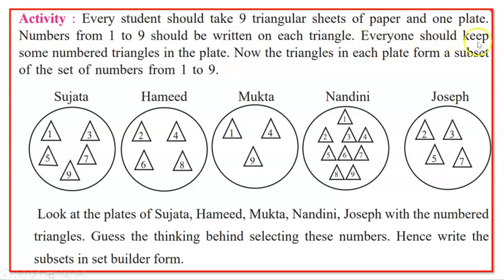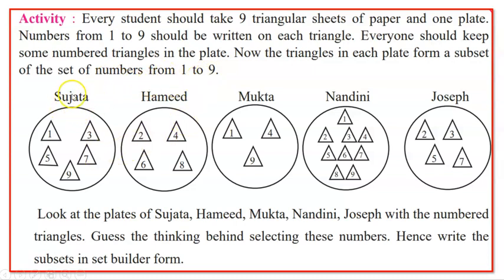Everyone should keep some numbered triangles in the plate. आणि त्या प्लेटमध्ये आपण ते सम नंबर्स लिहिलेले शीट्स इथे ठेवणार आहोत. Now the triangles in each plate form a subset of the set of numbers from 1 to 9.